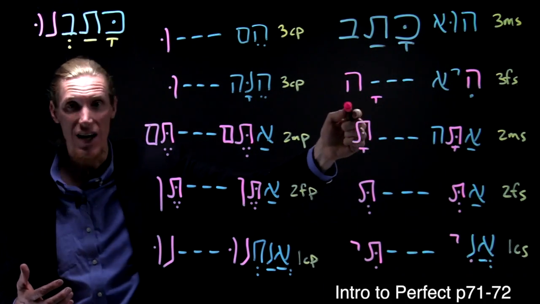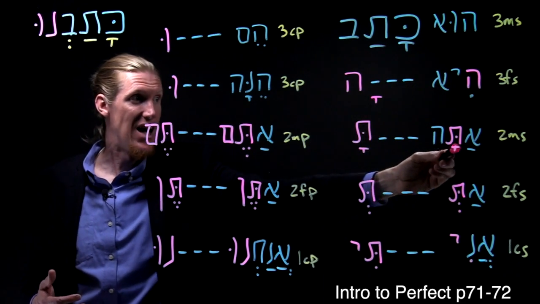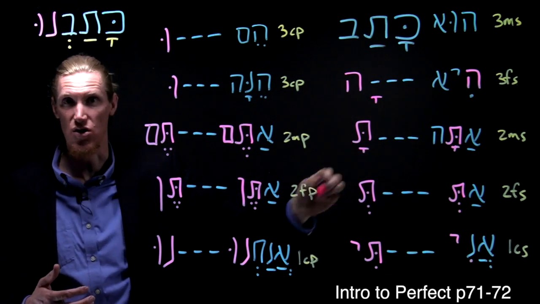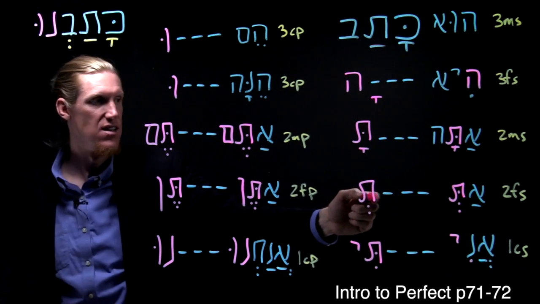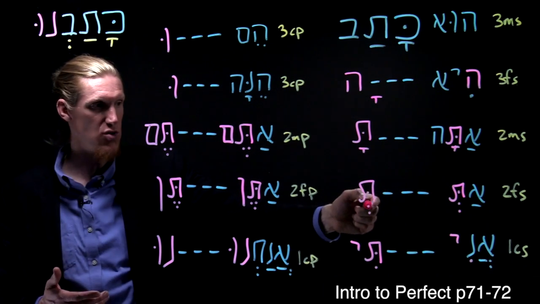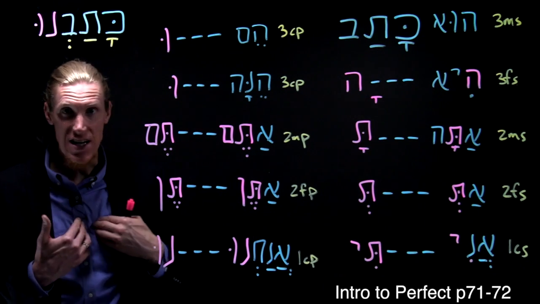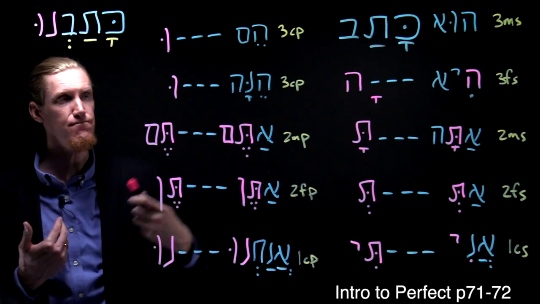Hi katva, she wrote. Ata katavta, you masculine singular wrote. Or at katavt, you feminine singular wrote. And finally, at the end of the singular column, ani katavti, I wrote.